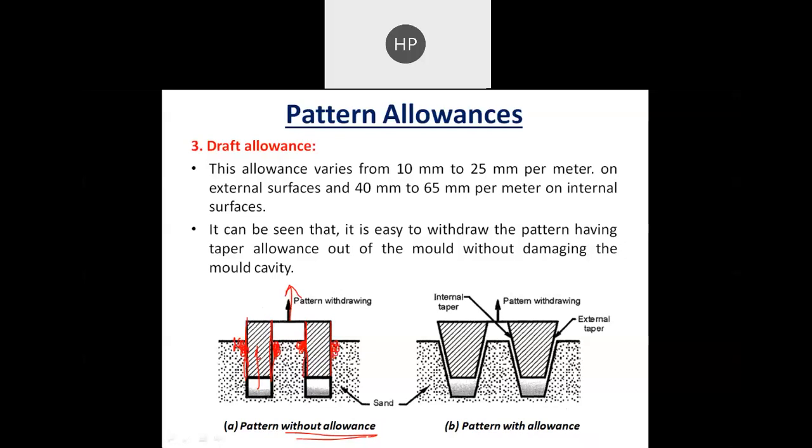So for easy removal of this pattern from the sand, what do we do? We apply a taper over here like this.